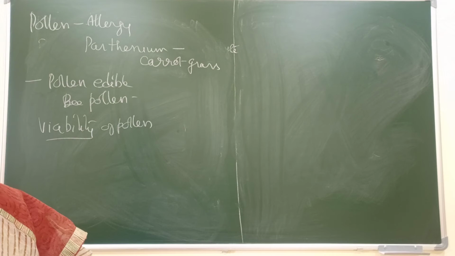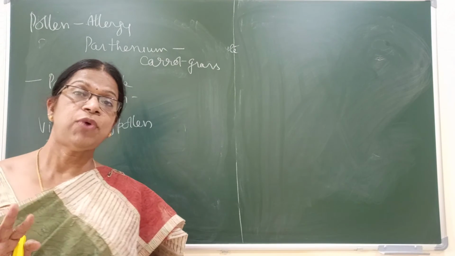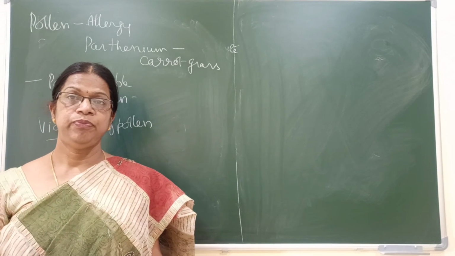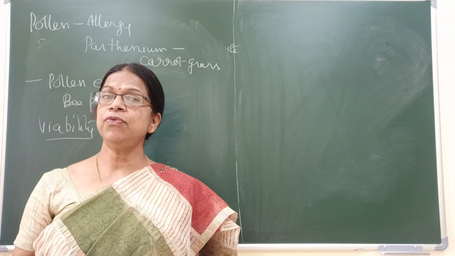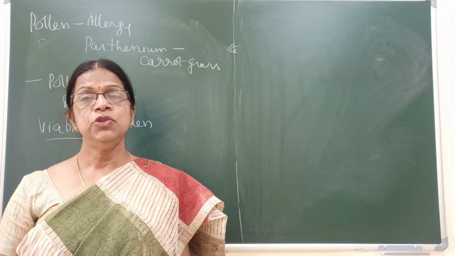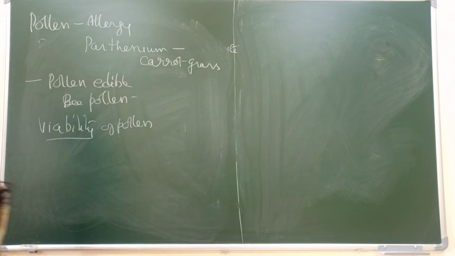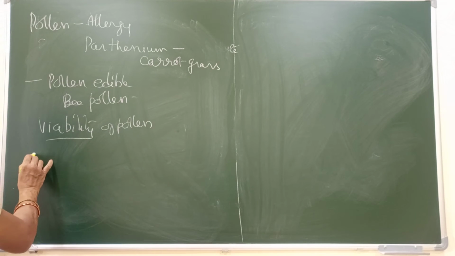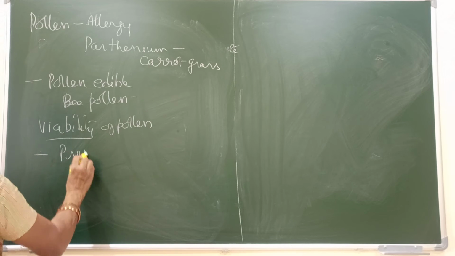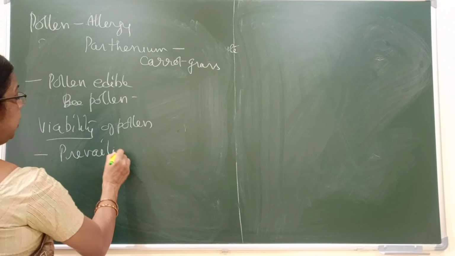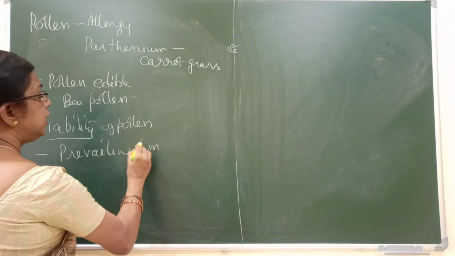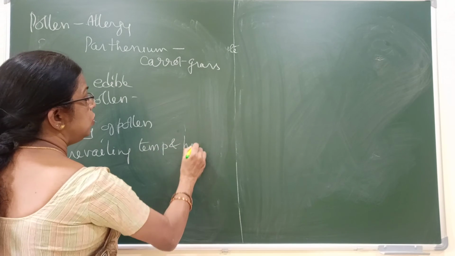It can be different in different plants, so let us see with examples the different viability periods seen in plants. Viability depends upon the prevailing temperature and humidity.